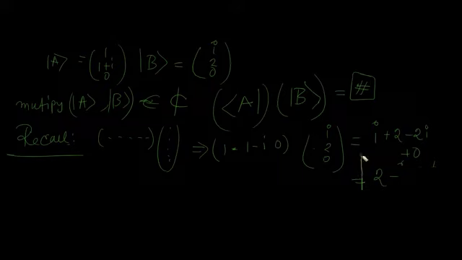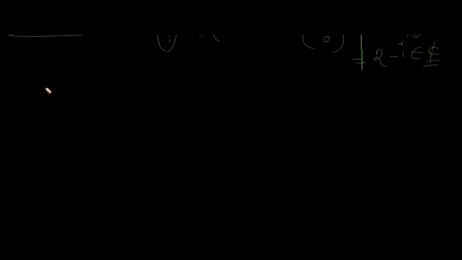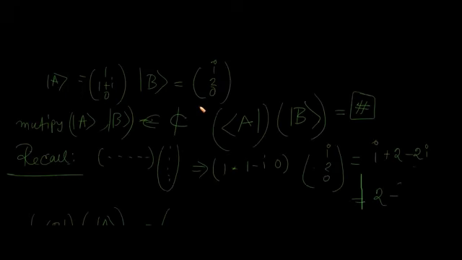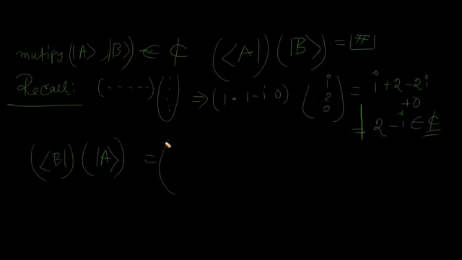Similarly, we could have used the bra of B and the ket of A. If we do that, what is the bra of B? It will be minus i, 2, 0, where the 2 is on the right side of minus i.